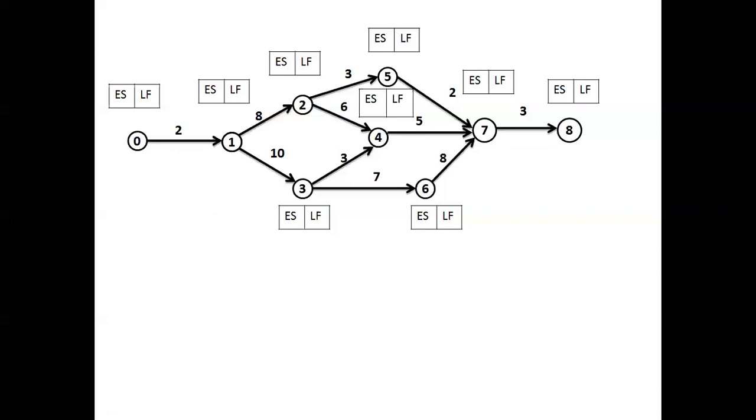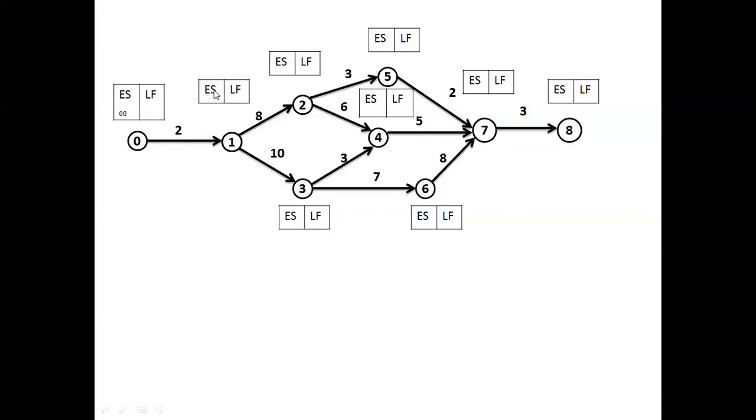Okay, so this 0 to 1, which is the first activity, and 0 is the start event of the first activity. Let us consider this as 0, 0. So at 0, 0 time, the 0 to 1 activity starts, and it takes 2 days for completion. So this 0 to 1 will complete on the second day, so that on the second day 1 to 2 and 1 to 3 will commence.